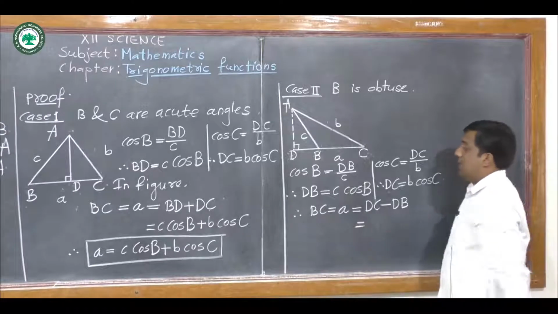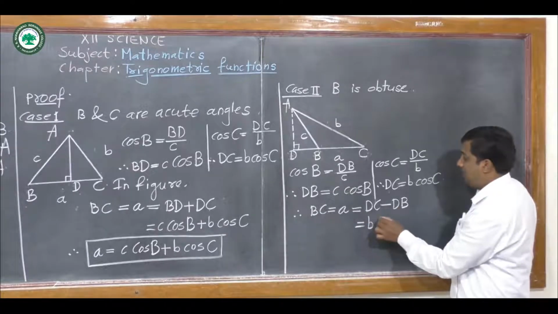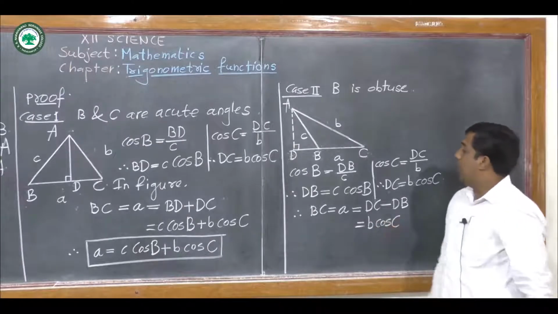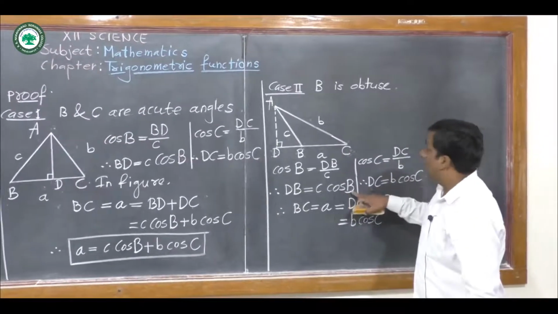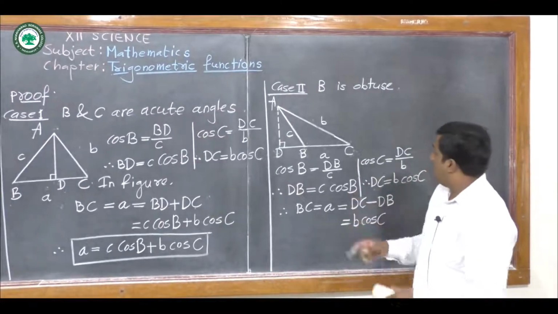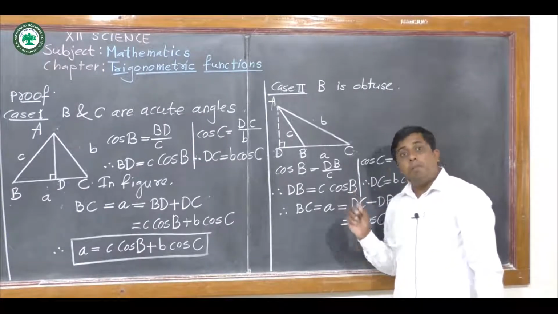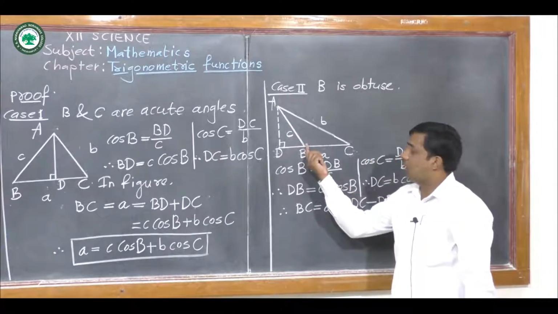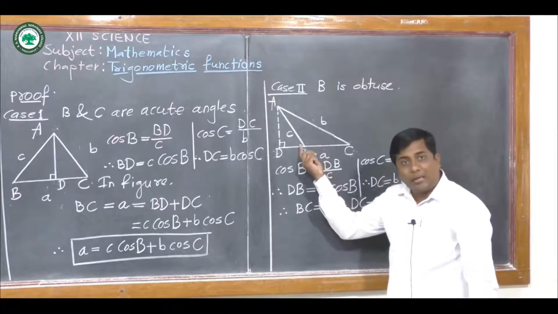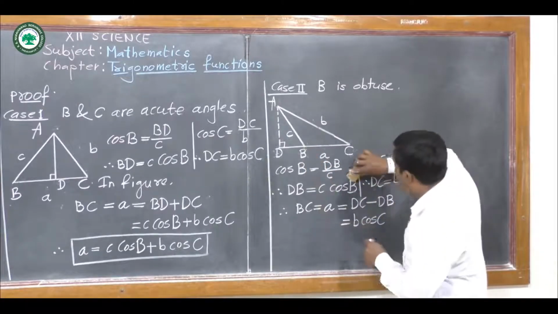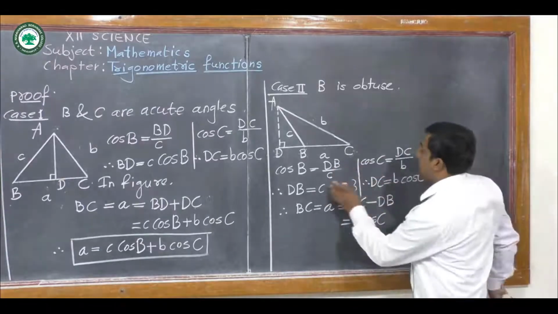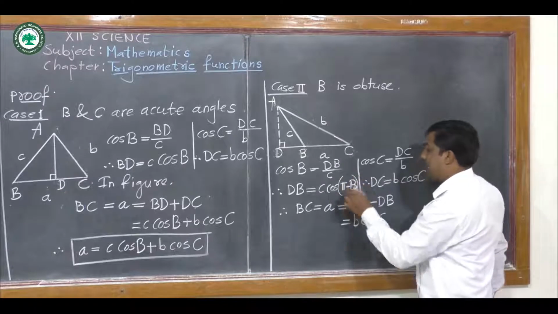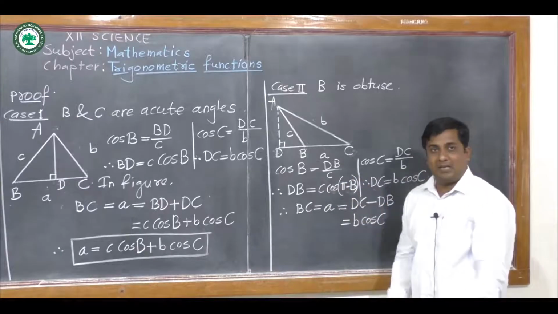DC is b cos C. Now remember one thing: here B has a measure of more than 90 degrees, and since we want an acute angle, we consider c into cos of pi minus B.